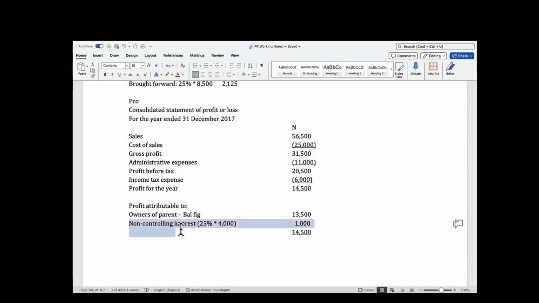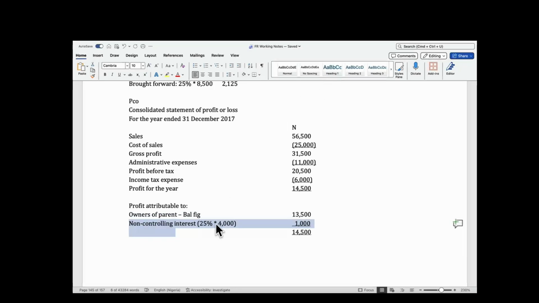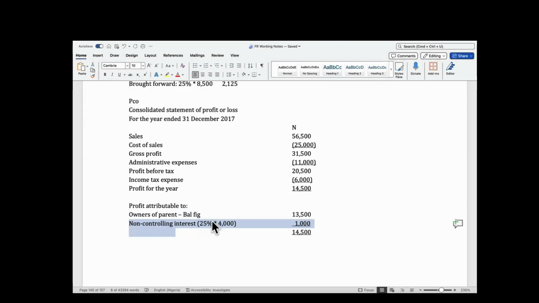For the NCI, because we acquired 75% of the subsidiary, which makes the NCI have 25%, NCI will take 25% of the profit of the subsidiary, of the profit for the year.